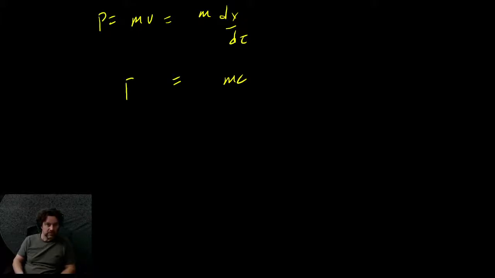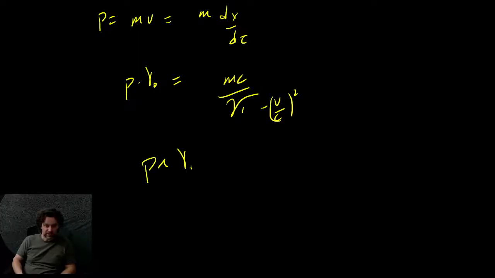So P dot gamma naught, the time-like component of momentum, is mc over the square root of 1 minus v over c squared, and P wedged with gamma naught is m v over the square root of 1 minus v over c all squared.